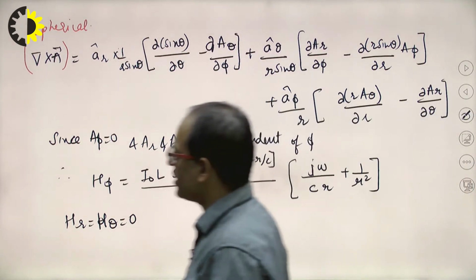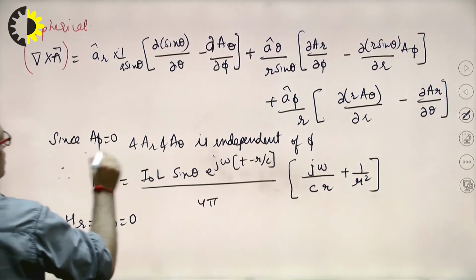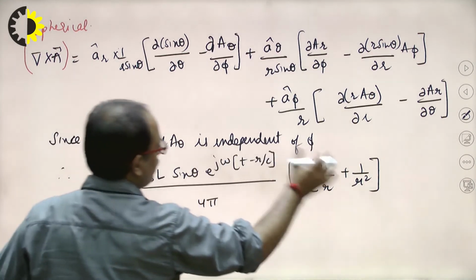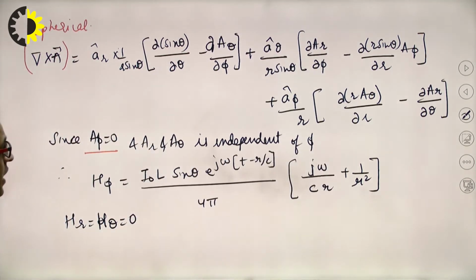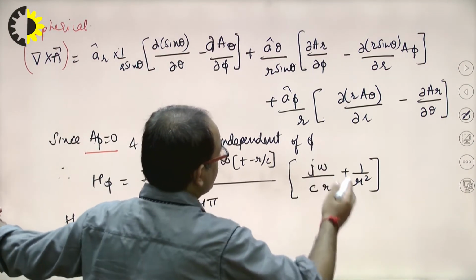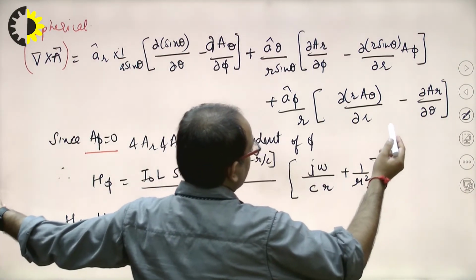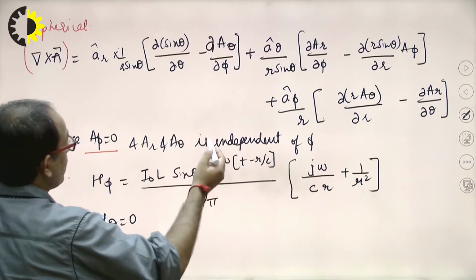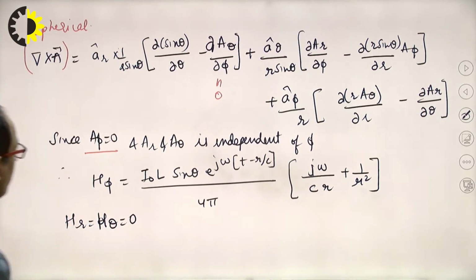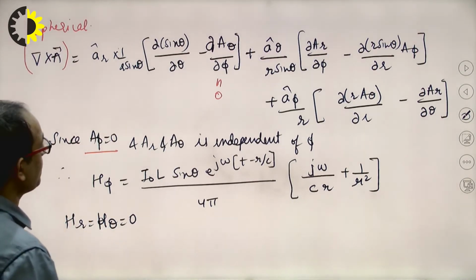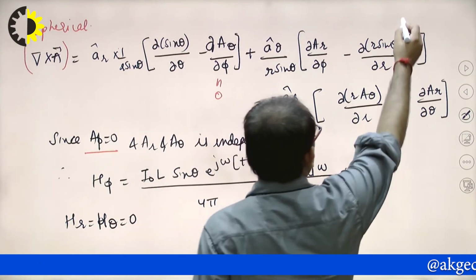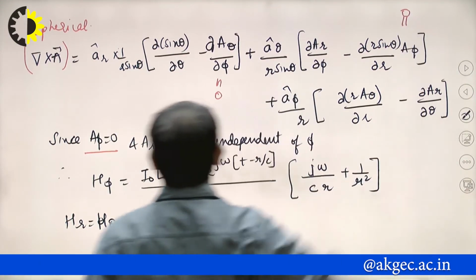So as we know, A phi is equal to 0, and A r and A theta are independent of phi. So when A r and A theta are independent of phi, this term will be 0. Clear? And A phi is 0, so this will also be 0.